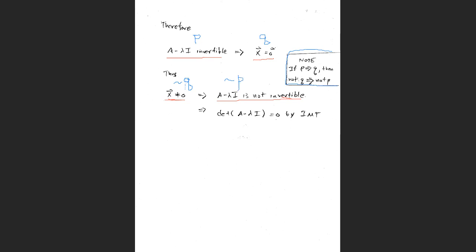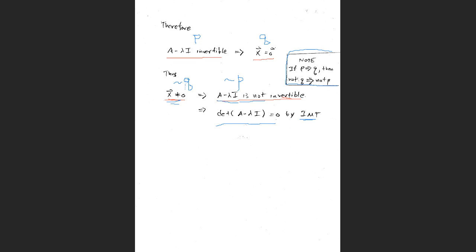So since we want to solve this matrix equation, but we want eigenvectors, x has to be an eigenvector. For x to be an eigenvector, x cannot be equal to the zero vector. If x is not equal to the zero vector, then that means A minus lambda I is not invertible. But then the determinant of A minus lambda I would have to equal 0 by the IMT. What does the IMT stand for?